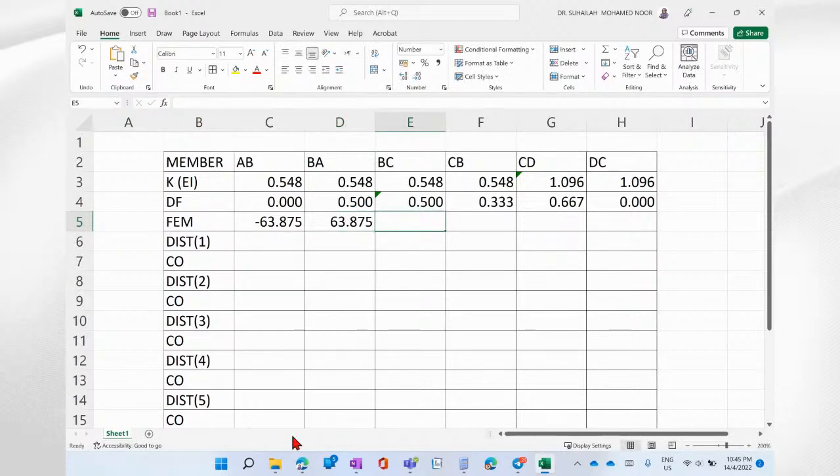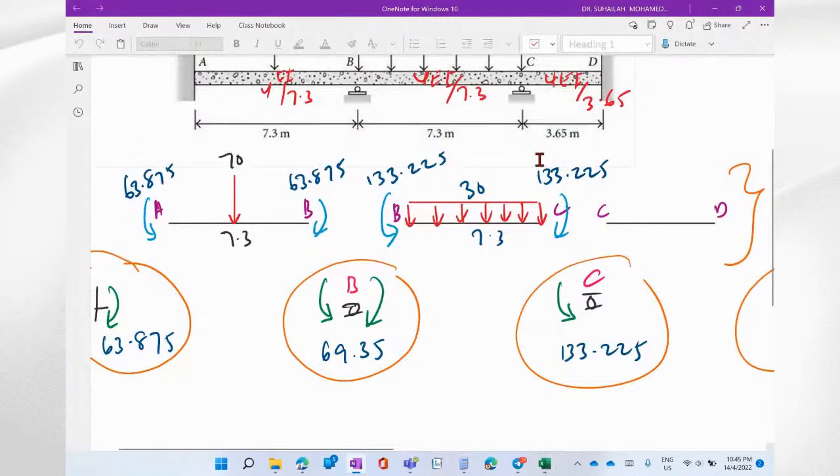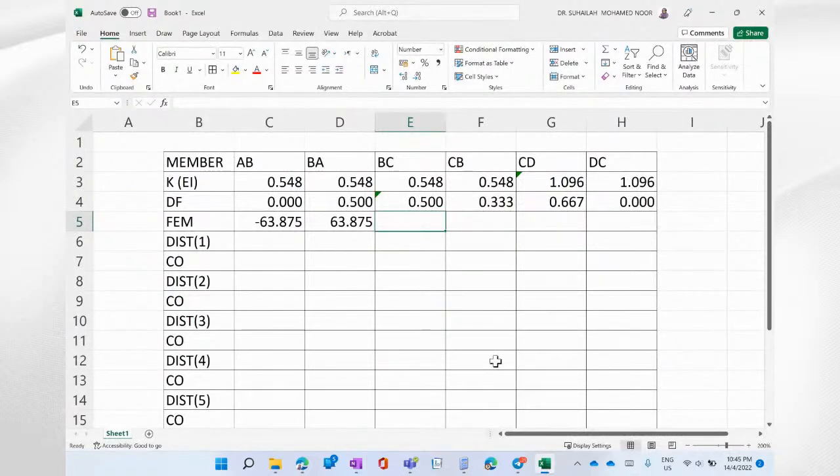And then for BC, it is 133.225, negative 133.225. Then the joint moment we don't put into the table.